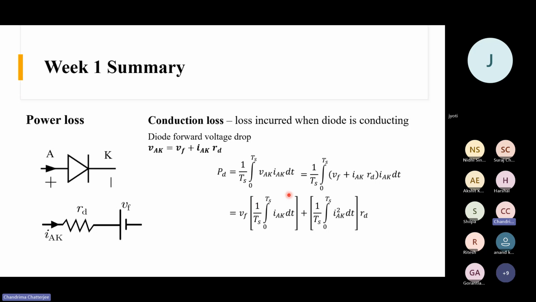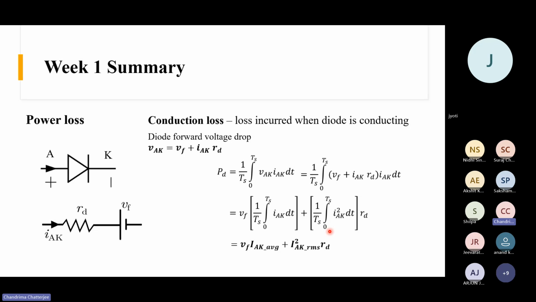So what is this expression? Can anybody tell? Average current, right. This is the average current. And the second term is the RMS current. So eventually what we get is VF times the average current plus IAK RMS squared times RD, because the first expression gives the average current and the second gives the RMS current squared.